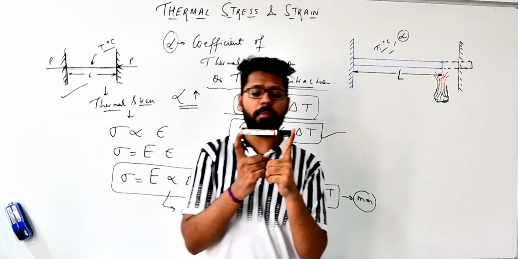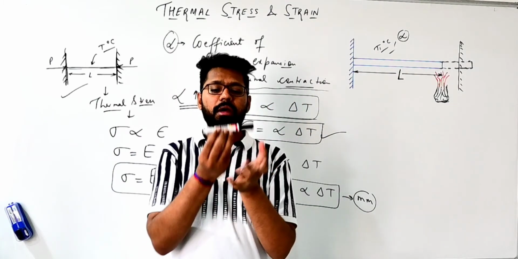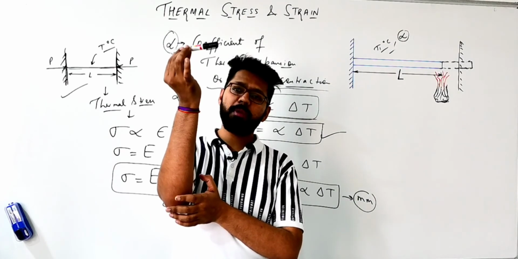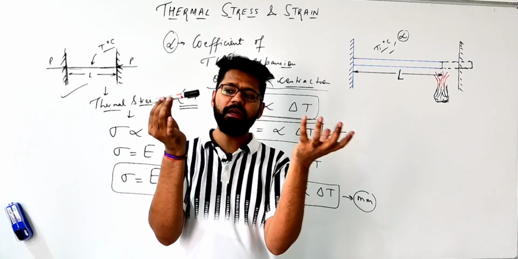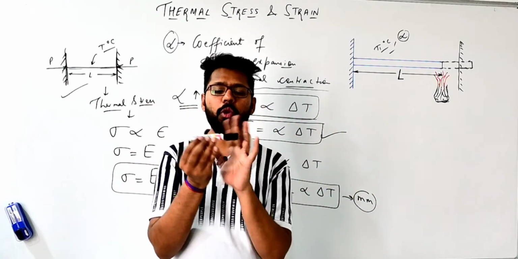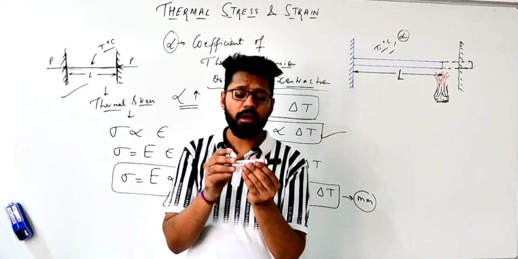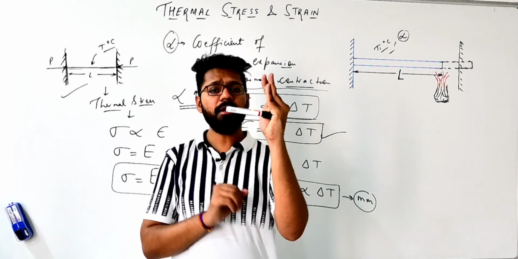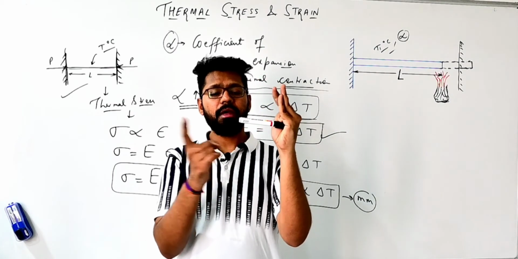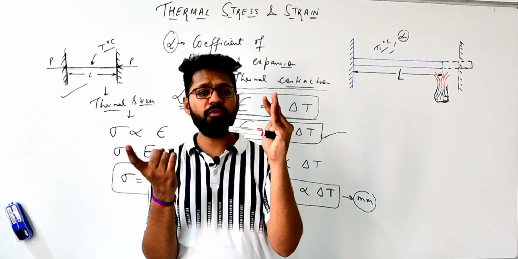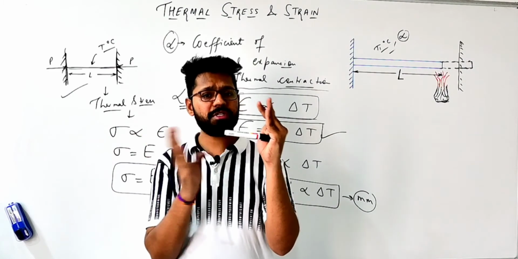If this is our bar, and this bar is situated in space, and if we heat it, it will expand freely. If it expands freely, then no thermal stress will be there, only thermal strain will be there. Now if we fix one end, again it has space to expand freely, so again no thermal stress will be there.